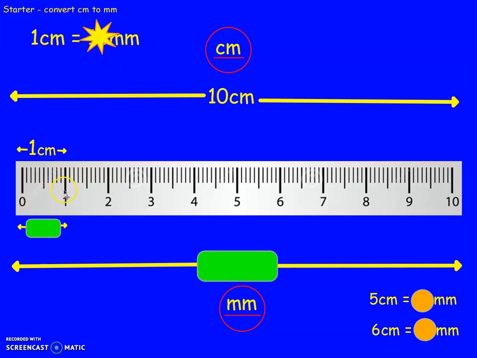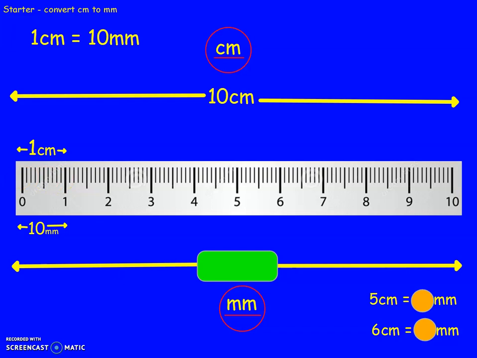The big jumps are the centimetres and the tiny jumps are the millimetres. Have a think, how many millimetres are there in 1 centimetre? Good, there's 10. So this 1 centimetre is the same as 10 millimetres. If you count all the little ones, 1, 2, 3, 4, 5, 6, 7, 8, 9, 10.